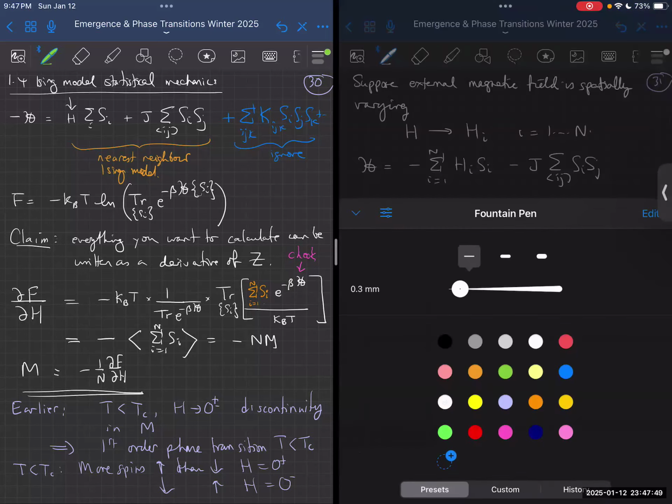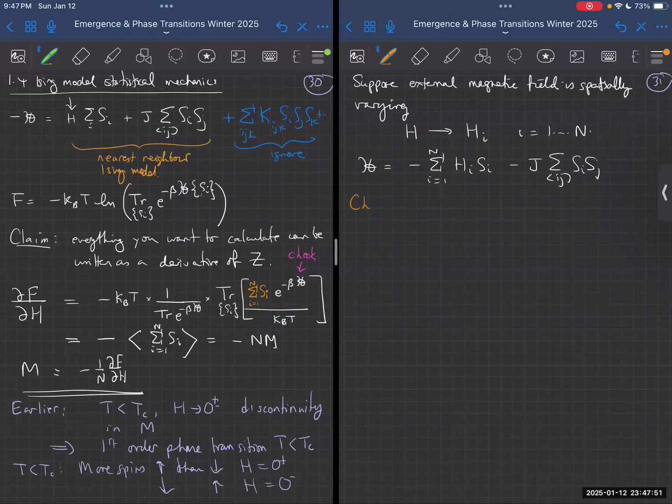And I'd like you to check for yourself that if I were then to compute dF by dh_j, some particular value h_j, you choose the value j, 17, let's say, then dF by dh_17 is going to end up being minus the expectation value of S_j. So I differentiate F with respect to that h, and that gives me the expectation value of the particular S_j.